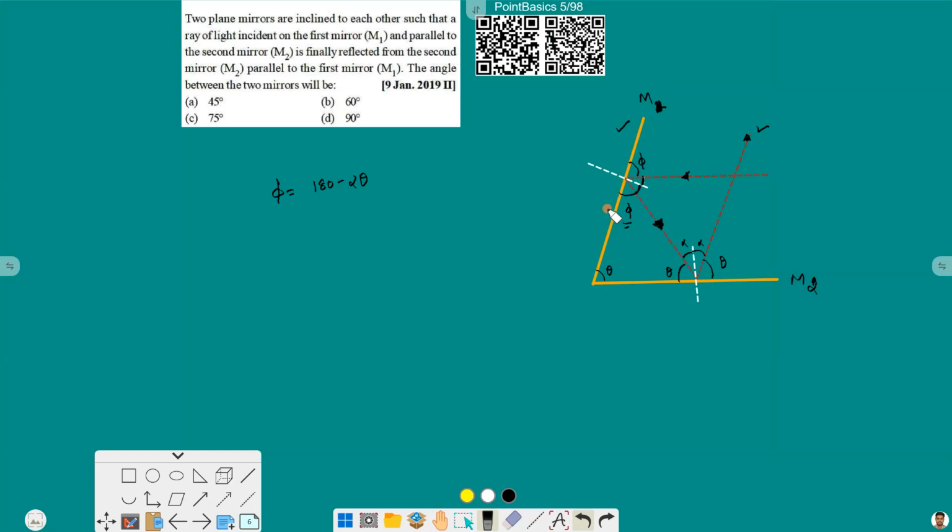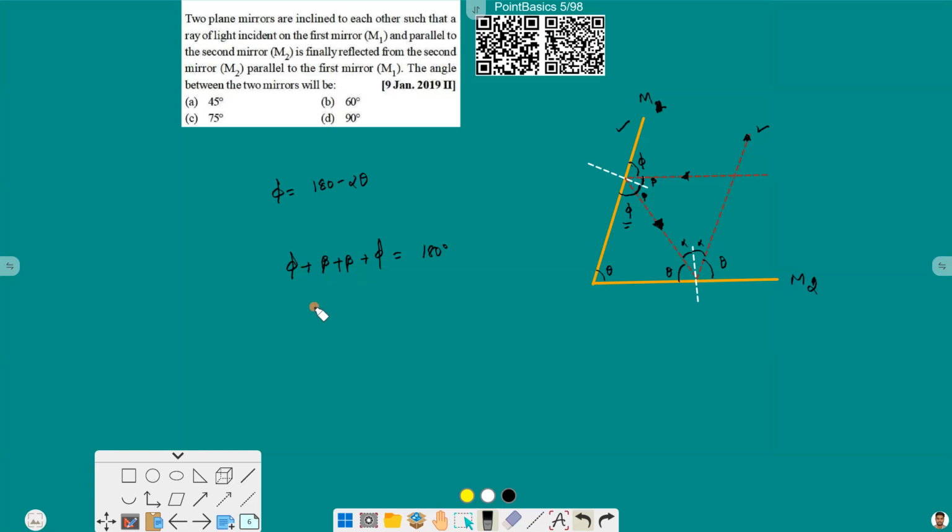Now for this line, suppose this angle is beta and this angle will also be beta. For this straight line, we can write that phi plus beta plus phi should be equal to 180 degrees.